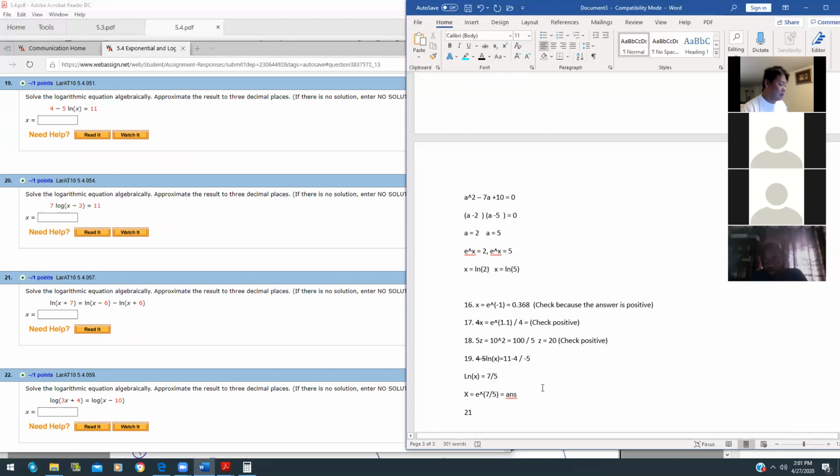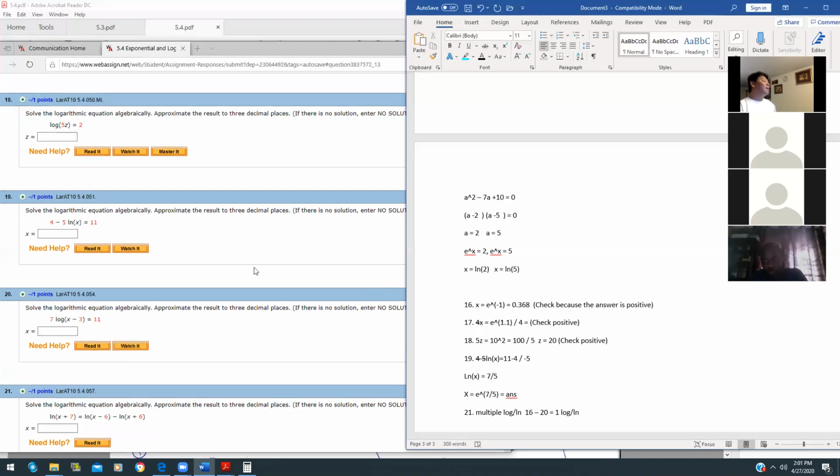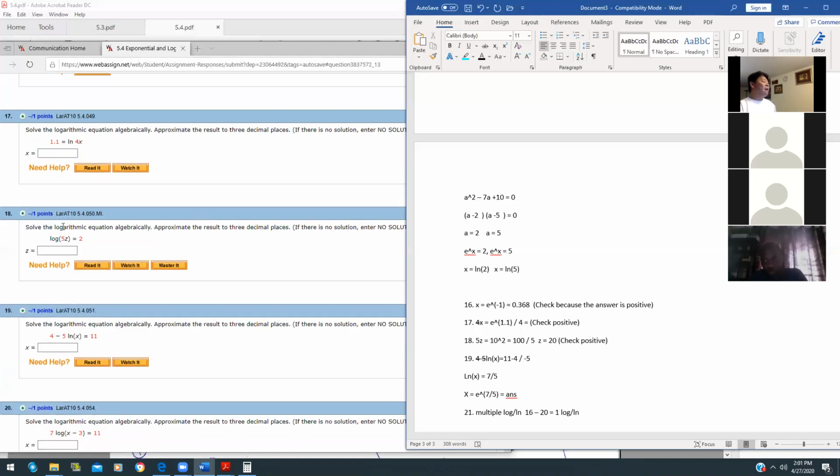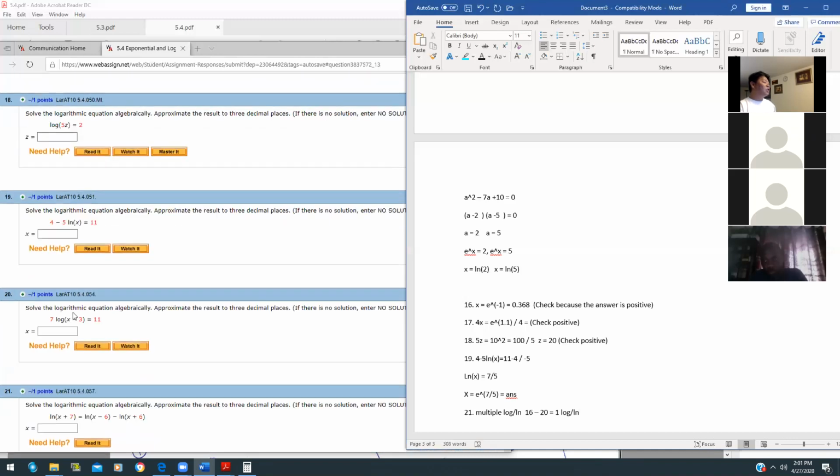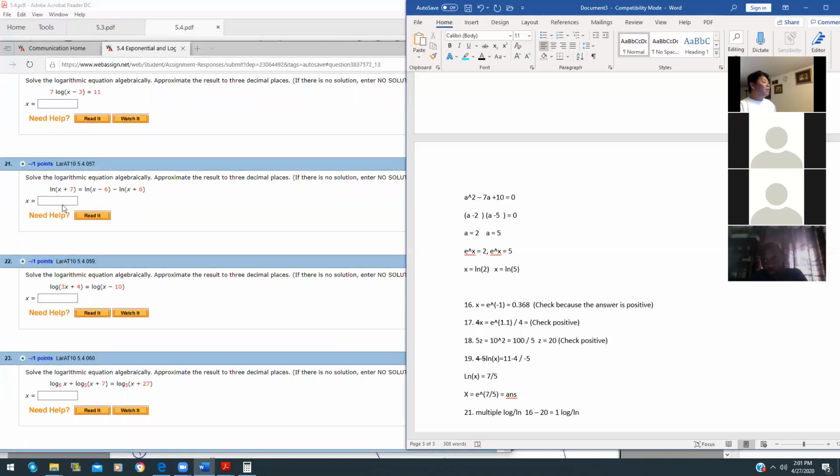The difference is that 21, 22, 23 and so on have multiple logs or ln. But for 16 till 20, you only get 1 log or ln. If you look at question 16, they only have 1 ln or 1 log inside the equation. But for 21 onwards, there are multiple logs and ln.